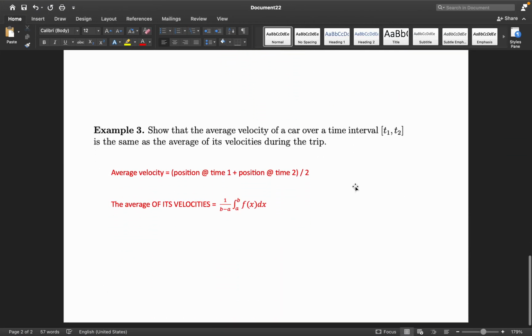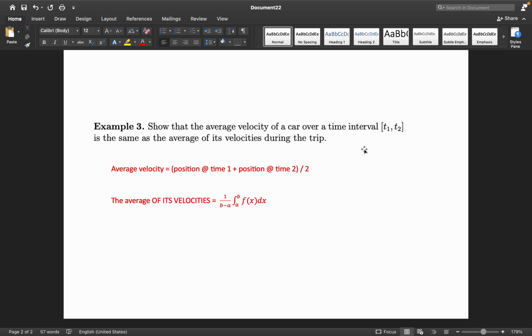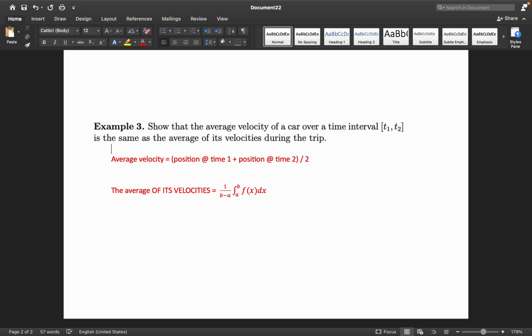Alright. So, for example 3, I want to show that the average velocity of a car over time, t1 to t2, is the same as the average of its velocities during the trip. The average velocity is the position at time 1 plus the position at time 2 over 2. The average of its velocities is the integral.